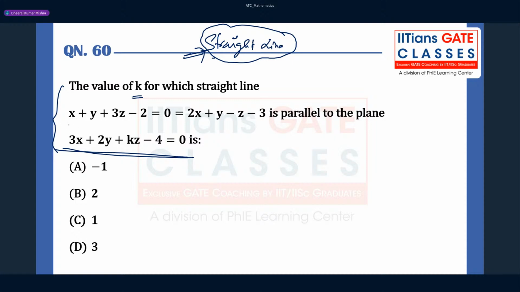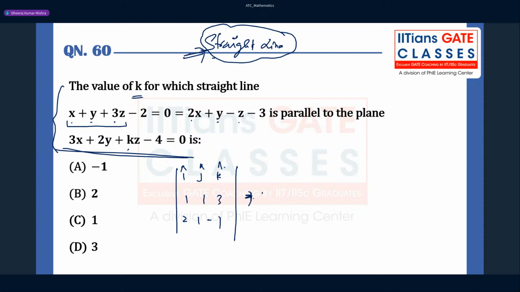Here you see these you can consider as vectors: 1 1 3, and here they have given 2 1 minus 1, and the line is parallel to this. So you can find one consolidated vector. The cross product is going to be i cap, j cap, k cap, and 1 1 3, 2 1 minus 1.